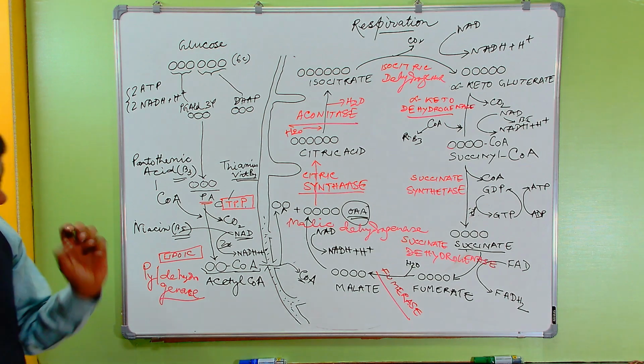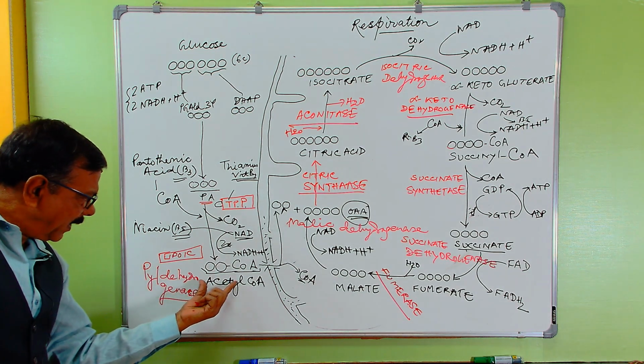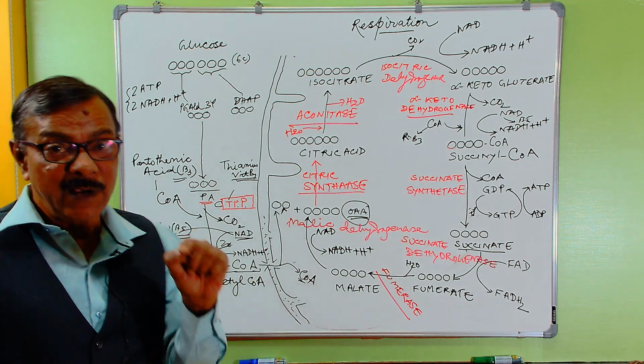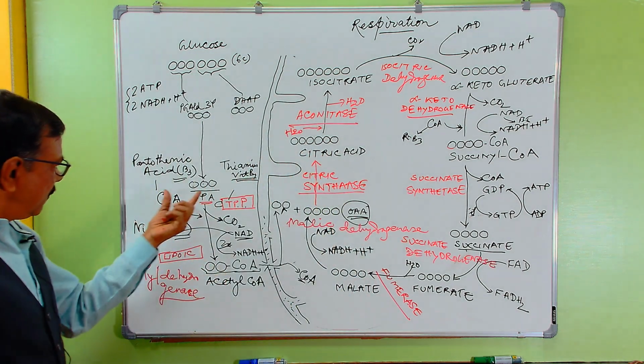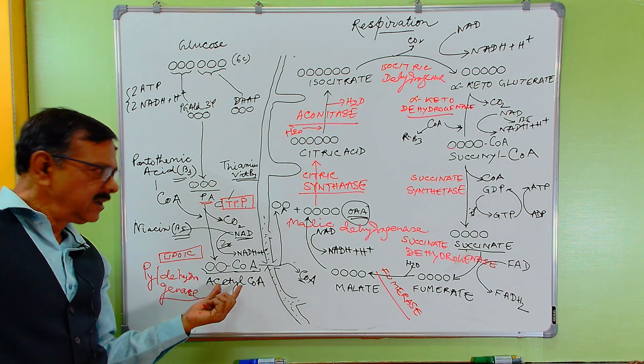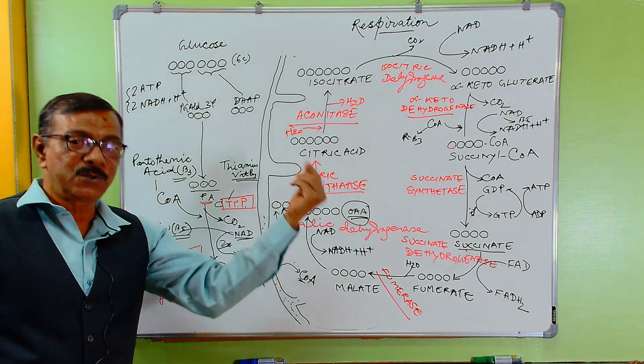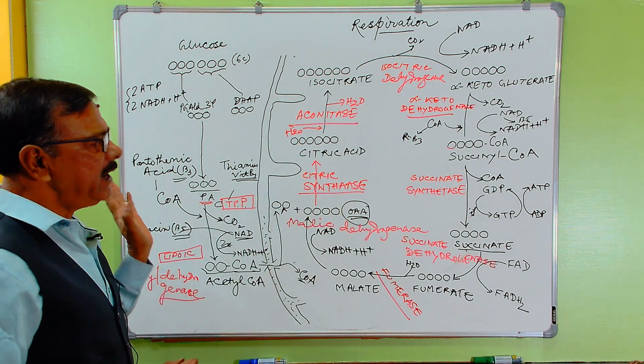Now what we did earlier, here one acetyl coenzyme we have taken into consideration. Actually there are two, because one pyruvic acid produces this and two pyruvic acid will produce two. So everywhere there will be two.